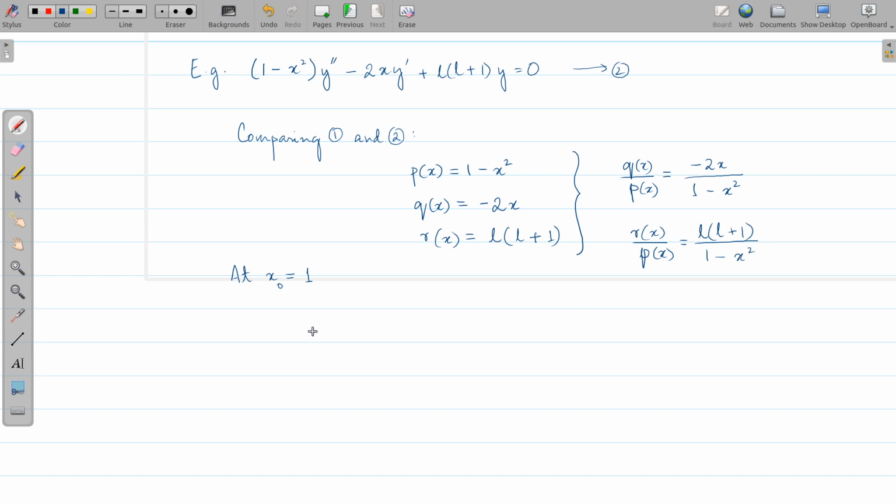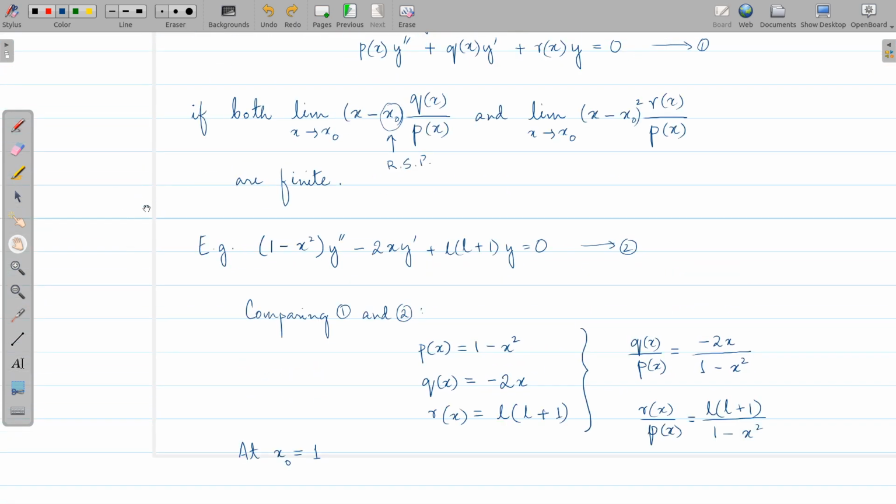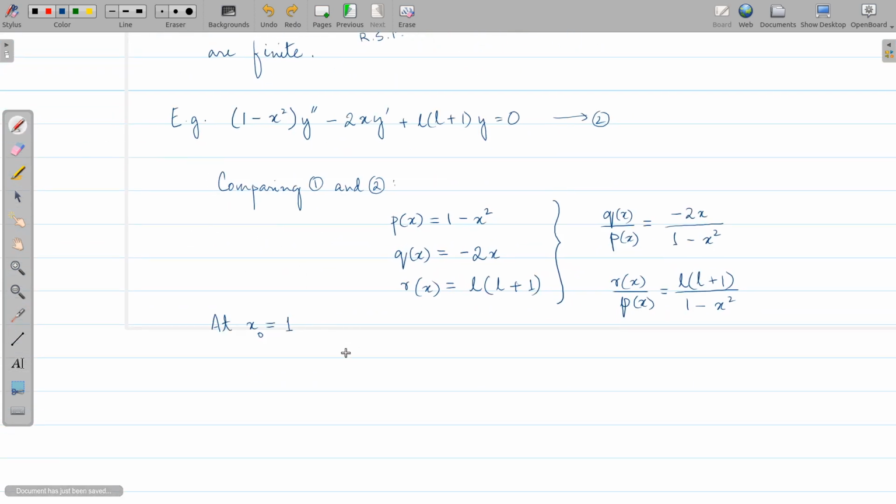So now let's say x naught equals 1. I want to find out this limit. So limit as x tends to x naught, which is 1, of x minus x naught, which is x minus 1, times this one, q of x by p of x. What will this be?